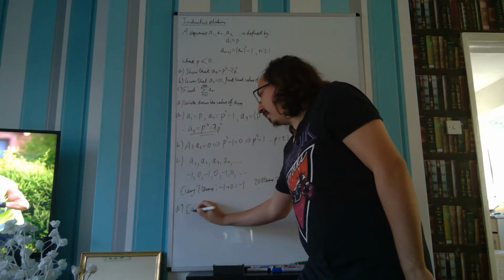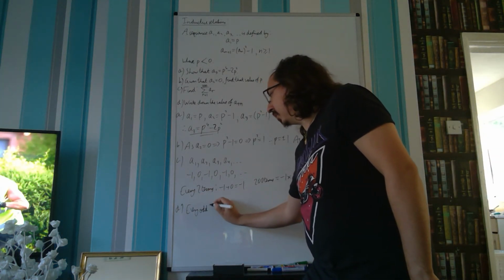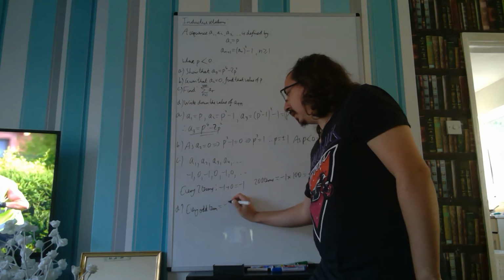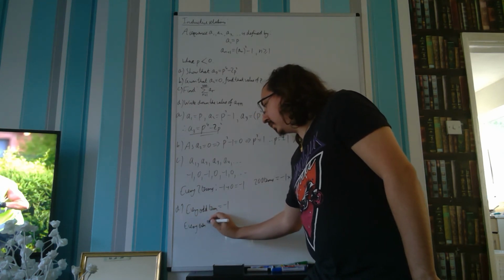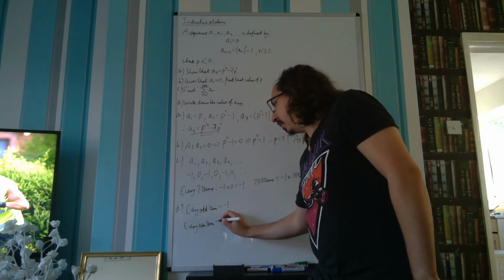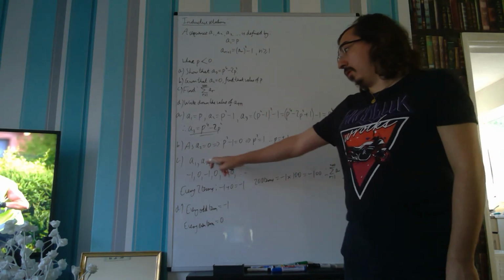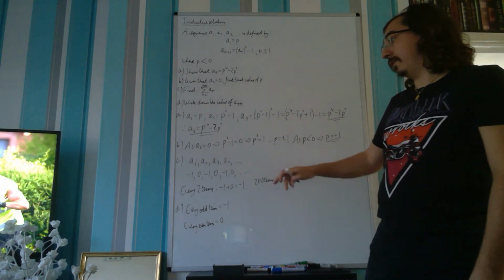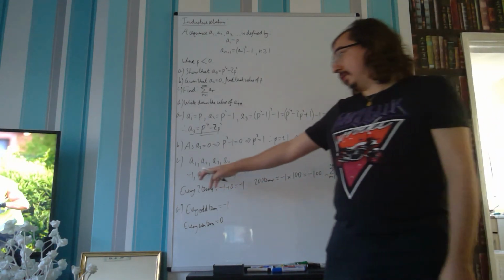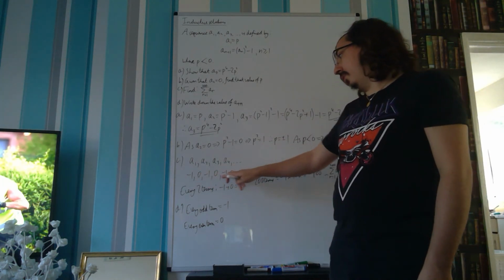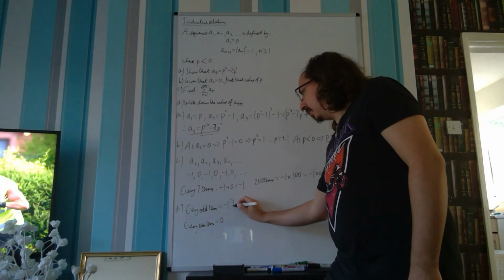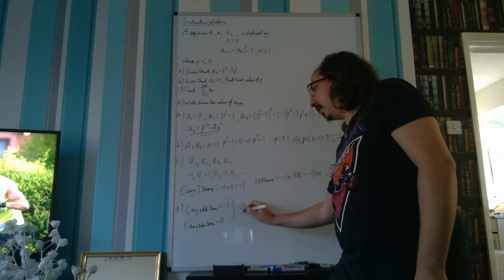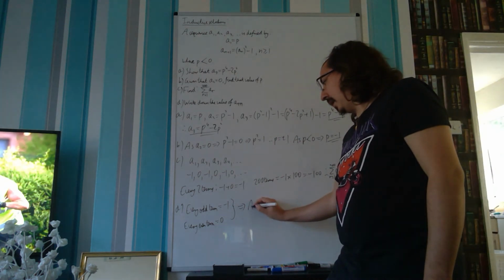And we can say that every odd term is equal to -1, and that every even term is equal to 0. So a1, a3, a5, and so on are -1, a2, a4, a6, and so on are 0.